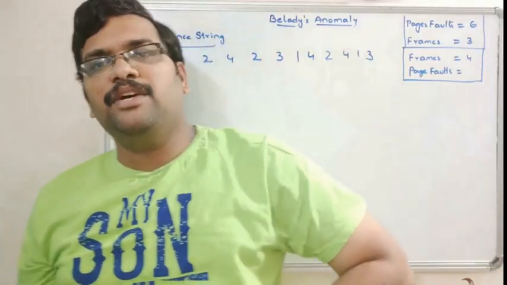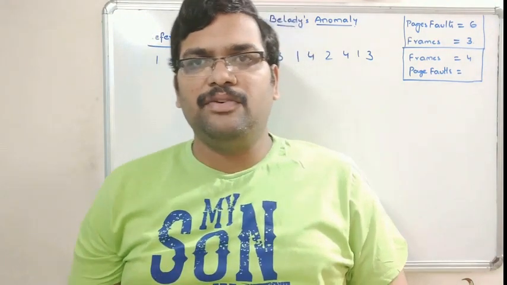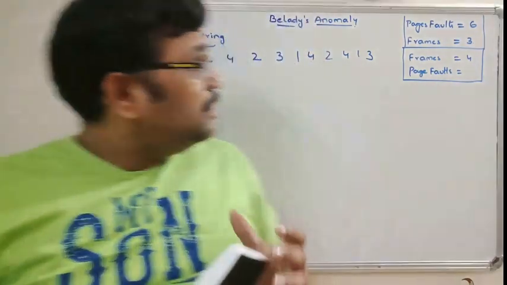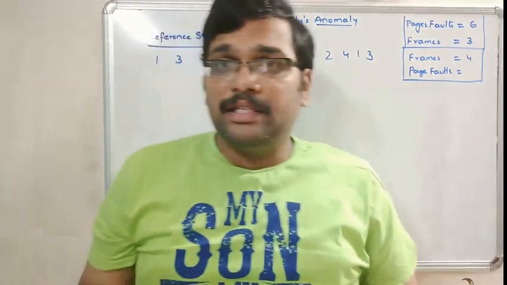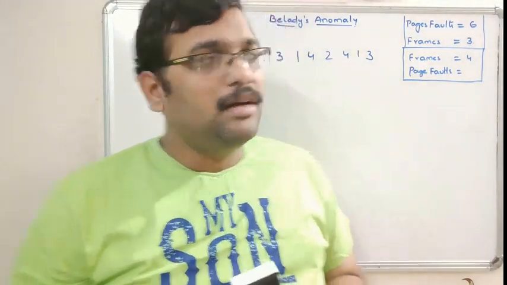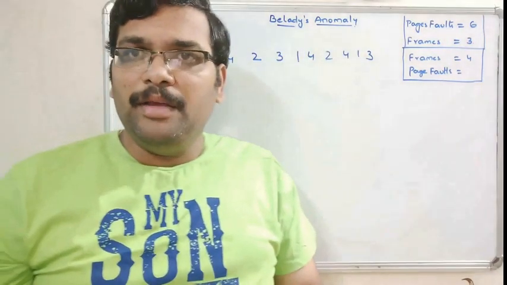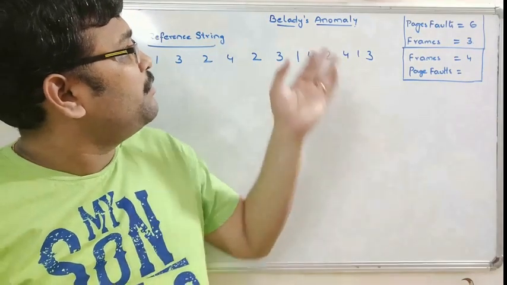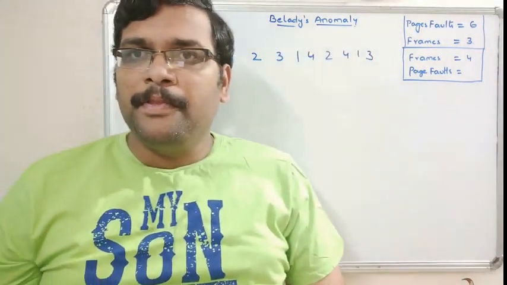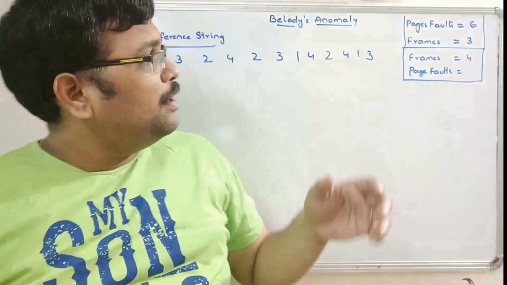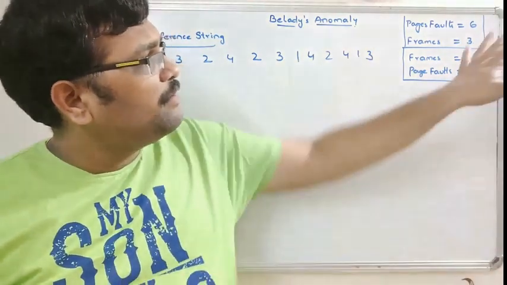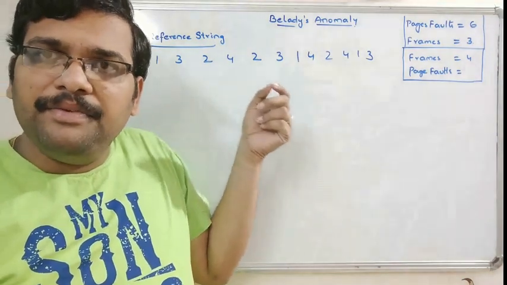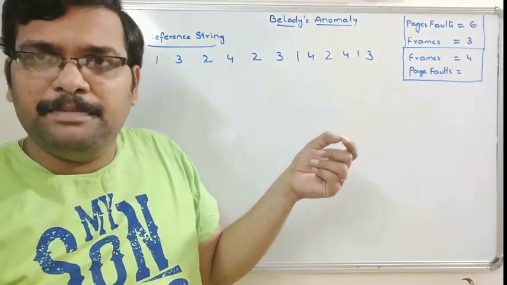In the previous session we have seen the first in first out page replacement algorithm. So here we'll go with another session on FIFO, that is Belady's anomaly problem. First of all, let us explain what this Belady's anomaly is. In the previous example, we took a reference string and applied the FIFO page replacement algorithm.